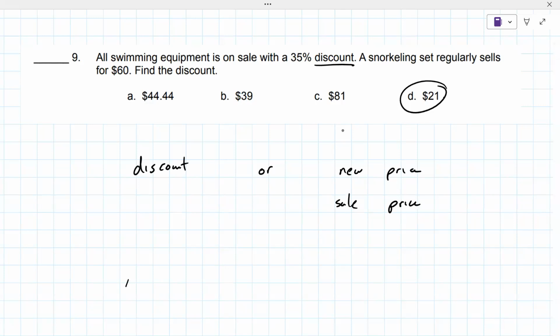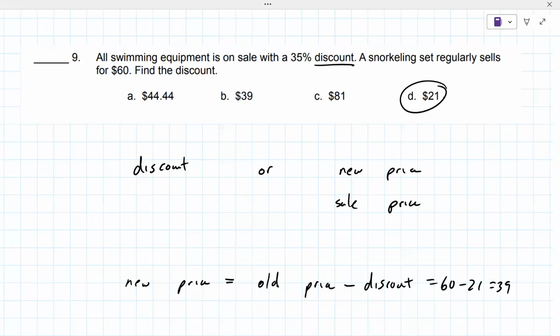Right. So let's say they wanted the new price. What would that be? When you go to the register, what are you going to pay? You would pay $39. Yeah, the old price minus the discount. Right. And it would be $39.